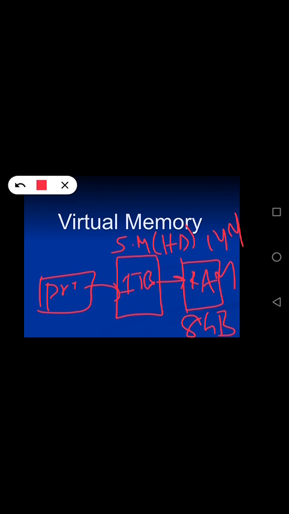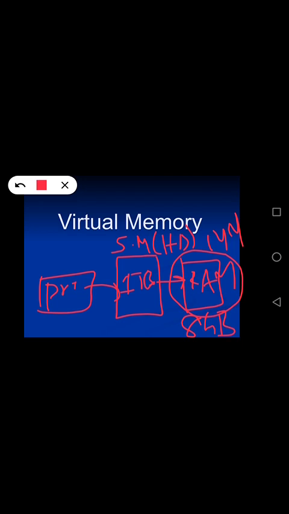If the program wants to be executed, it has to be in main memory, so the total size of the program should not be greater than 8 GB.